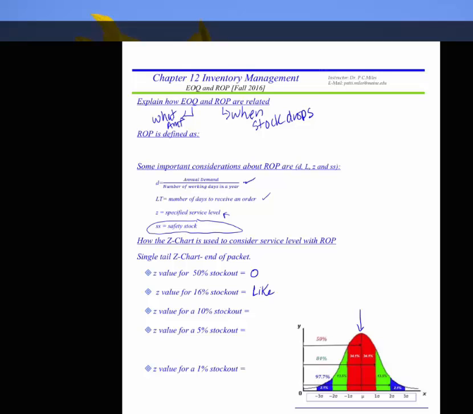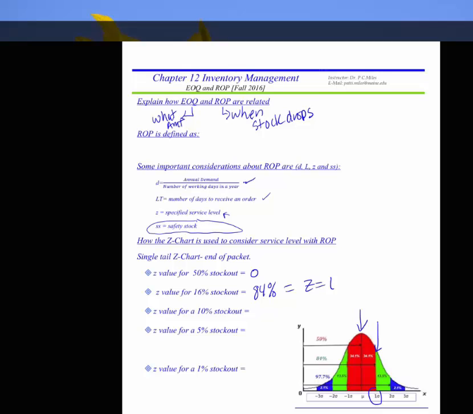If we were okay with a 16% stock out, that would be an 84% chance of having the item in stock, which would be a Z value equal to 1.